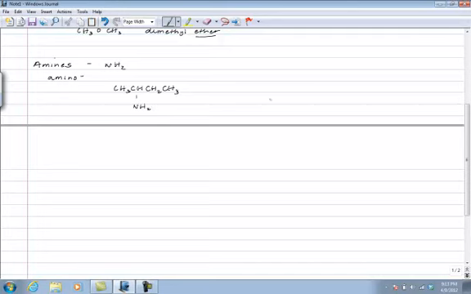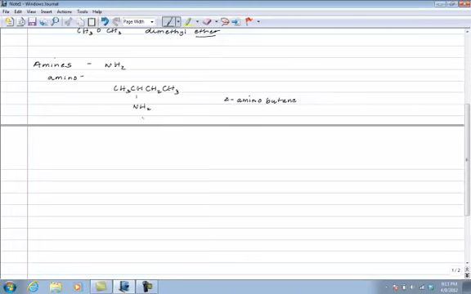Here, this is also a butane, so that's the parent name, and it's 2-aminobutane, because off of carbon number 2, there's an amine stuck into that parent chain. So this is 2-aminobutane.